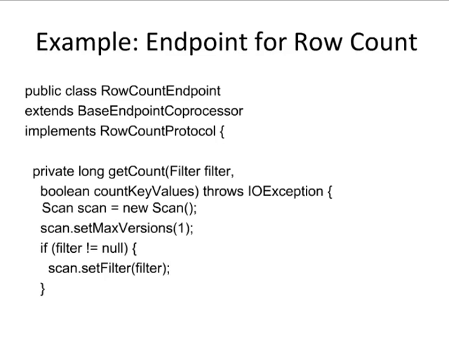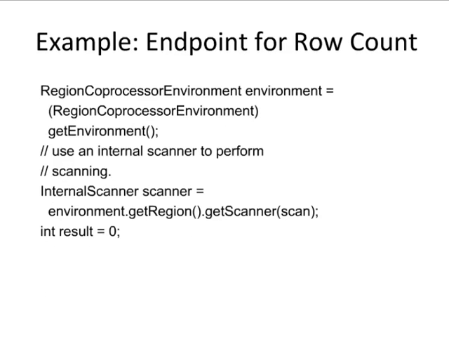Now this is used in the actual implementation of the interface, the protocol. I have a get row count with a filter, and the get key value count. I just call my get count internally, either with a filter or not, and I might include the columns or not. All I have to do is scan my table and return the value.